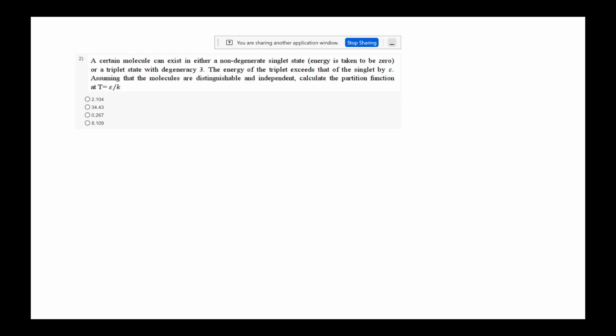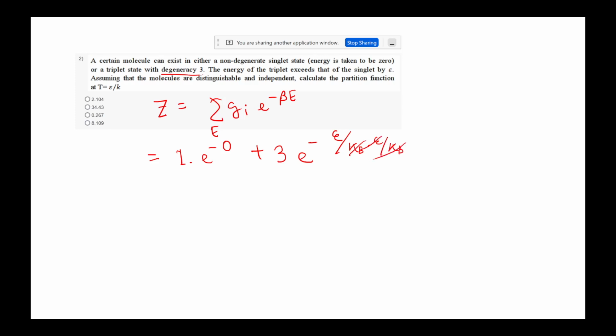So it is pretty simple, right? As we have just said, Z will be the sum of Gi e to the power minus beta E. So for this it will be 1 times e to the power minus 0 plus 3 times e to the power minus epsilon by kB times temperature, where epsilon by kBT is 1.